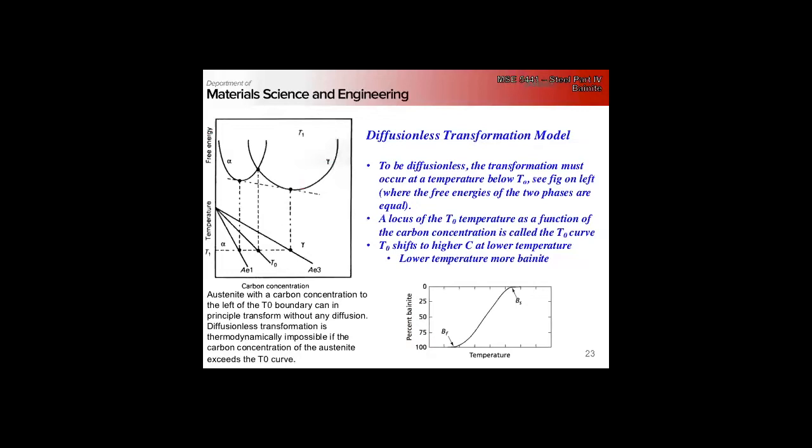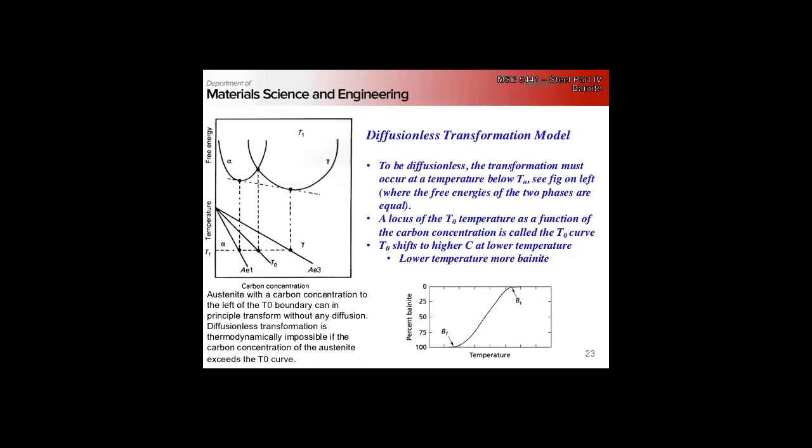So if we increase the carbon content in the austenite from the T0 point, at a given temperature, if we slightly perturb our carbon content higher than the carbon content for T0, our two free energies aren't equal anymore.